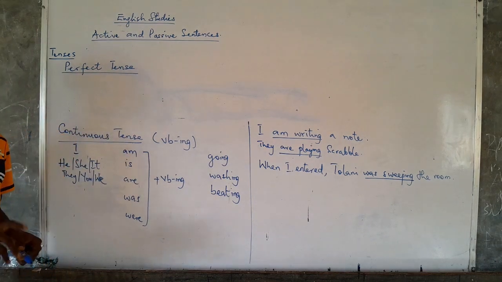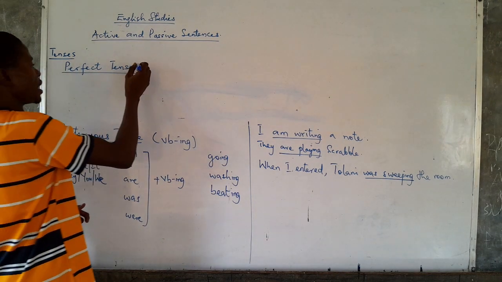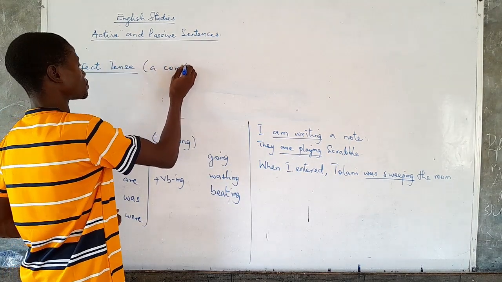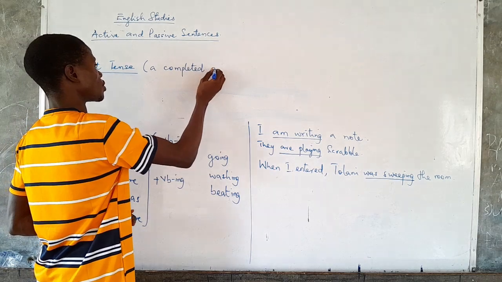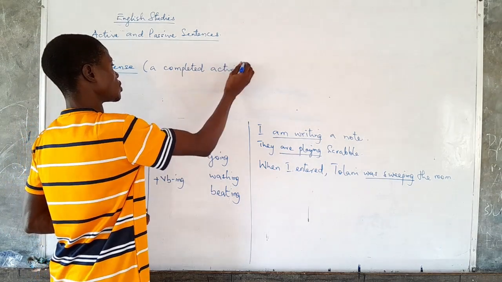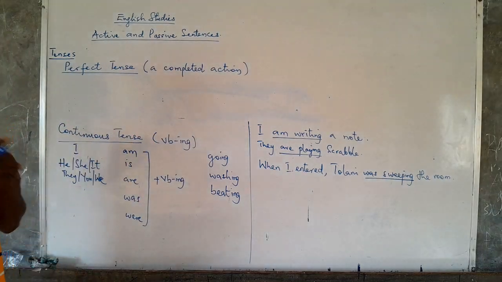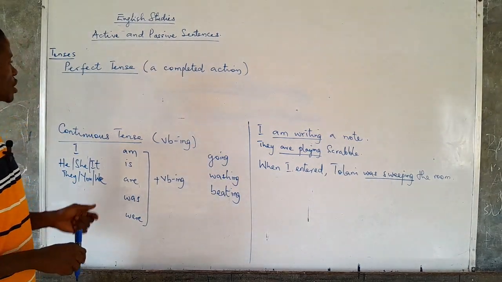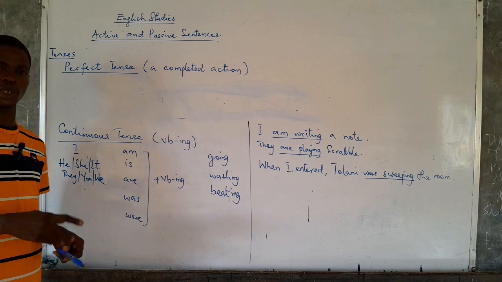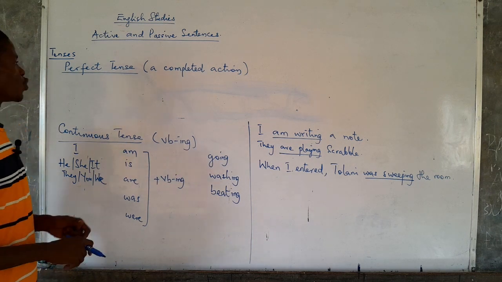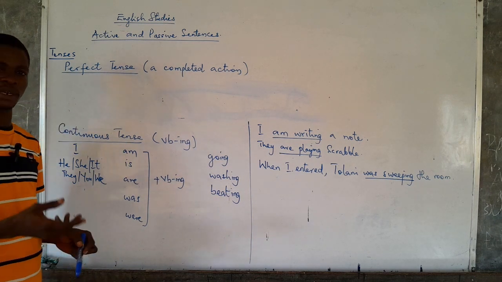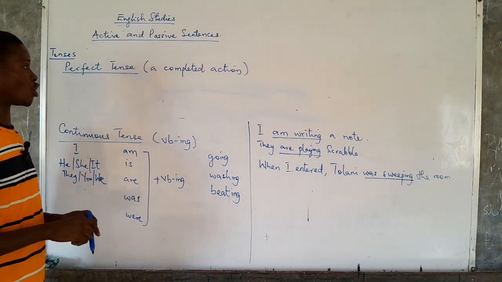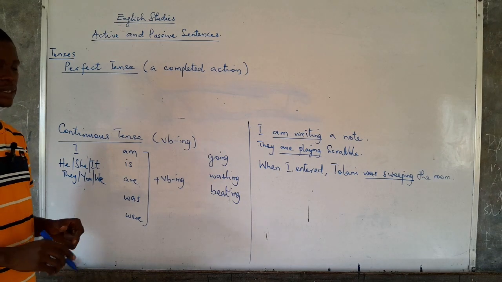A perfect tense basically talks of a completed action. When we use simple tense to determine what we do regularly, we use continuous tense to determine what we are doing at the moment, and we use perfect tense to determine what we have finished, what has already been completed. We call that a perfect tense.